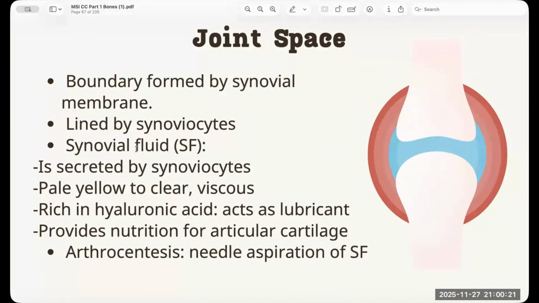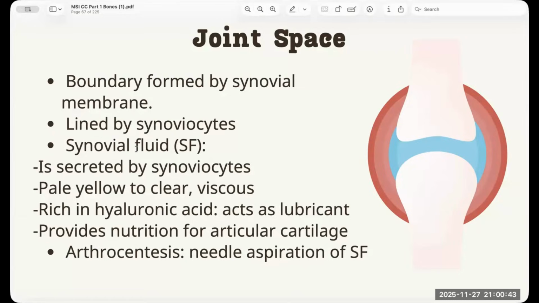Why? The synovial fluid can actually be your easy way to diagnose multiple joint diseases. To be honest, sometimes even X-rays or imaging won't do you as good as synovial fluid does.